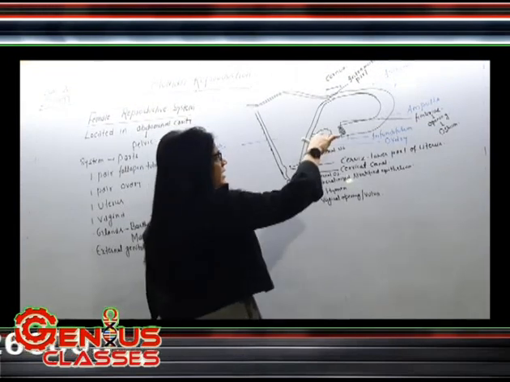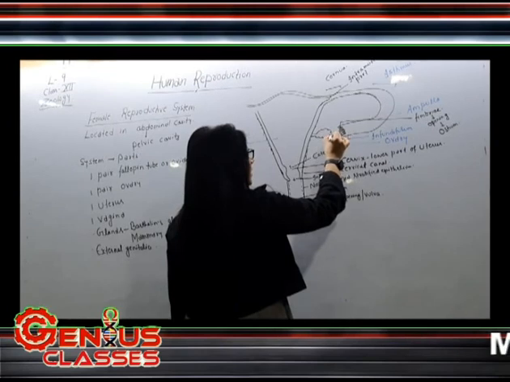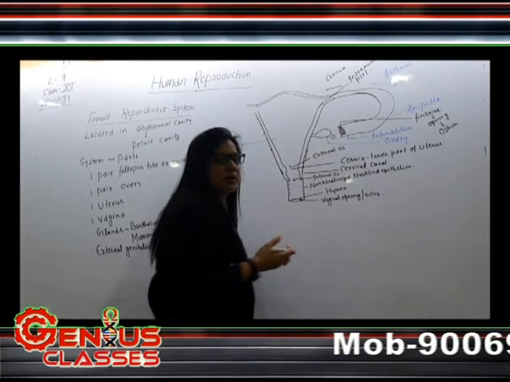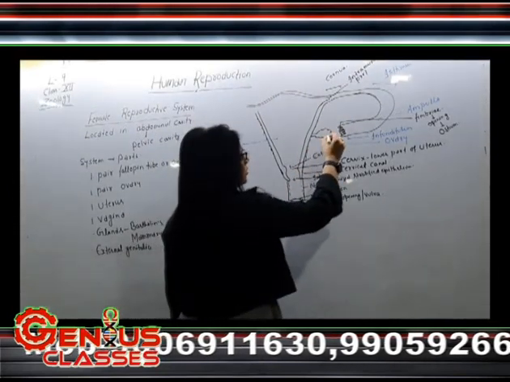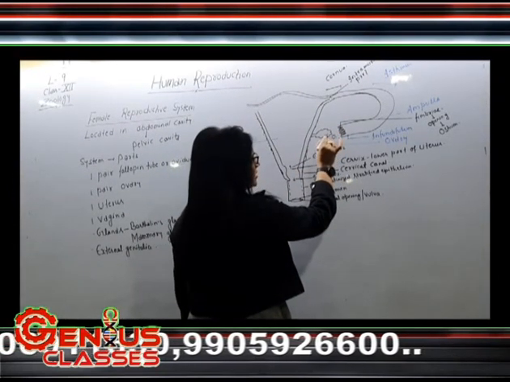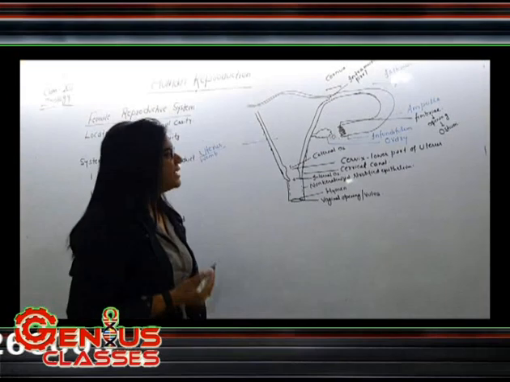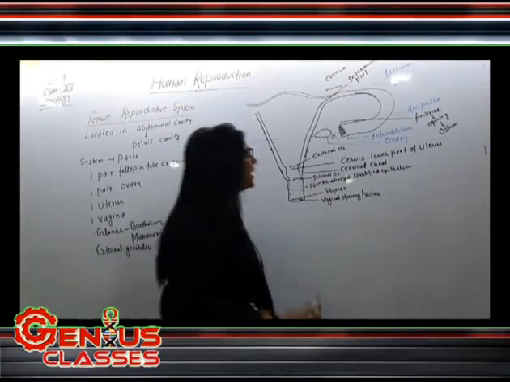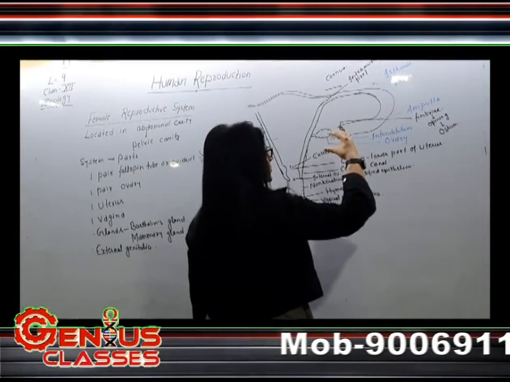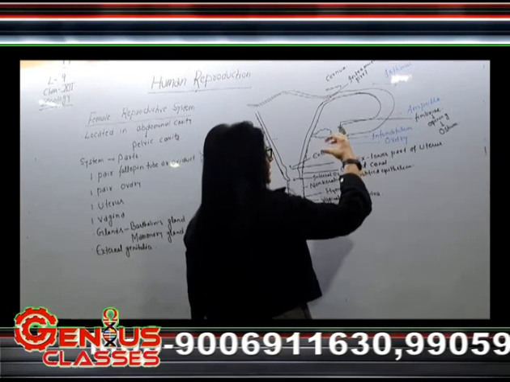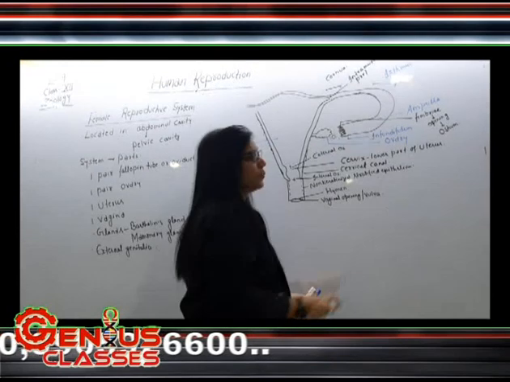When the secondary oocyte is released here, with some liquor folliculi, I will discuss it in my next session. This process is called ovulation, and this egg is called the coelomic egg. In this liquor folliculi, the fimbriae beat like this and attract the coelomic egg inside the fallopian tube.